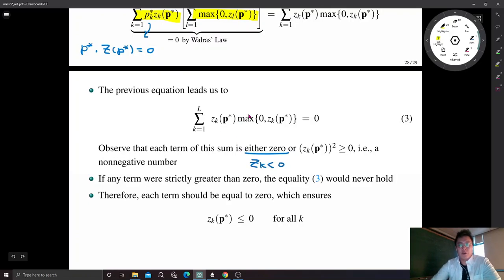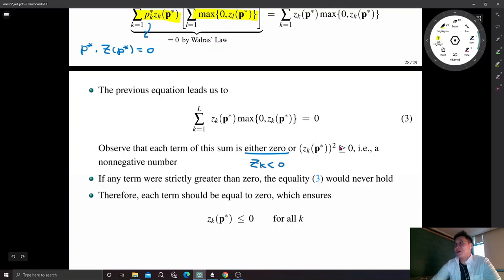And if Z sub k is positive, then we have Z sub k times Z sub k, because this maximum becomes Z sub k. So we have Z sub k squared.